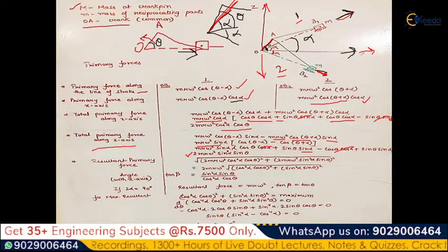So we have found the unbalanced primary force along the x-axis and the z-axis. So what will be the resultant? It will be the square root of the x component squared plus the z component squared. The common factor we are getting, which is 2mr omega square, we take out of the root, and this is the resultant that we are getting in the system.